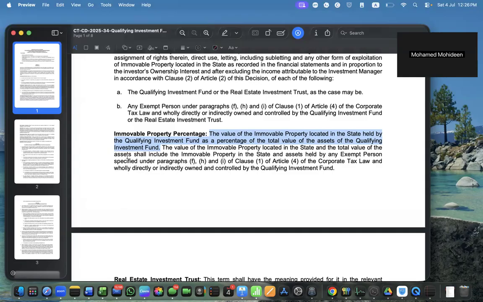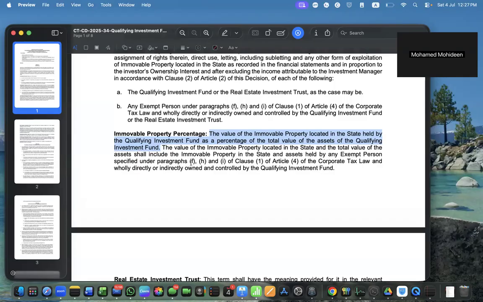The value of the immovable property located in the state, and the total value of the assets, shall include the immovable property in the state and assets held by any exempt person specified under paragraphs F, H, and I. The value of the immovable property located in the UAE and the total value of the assets shall include the immovable property in the UAE and assets held by any exempt person.